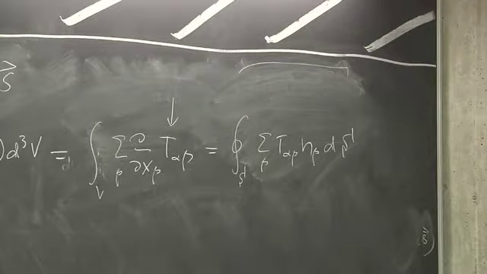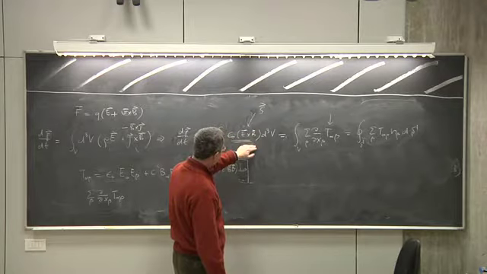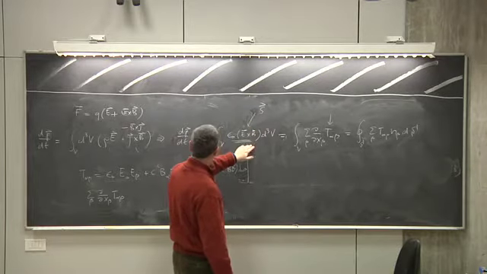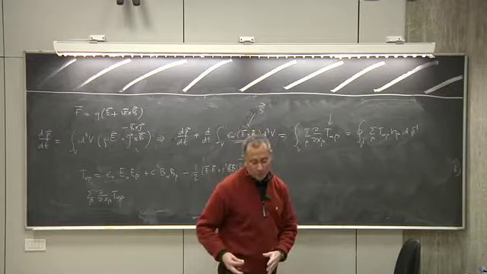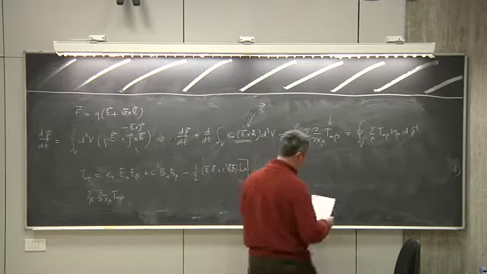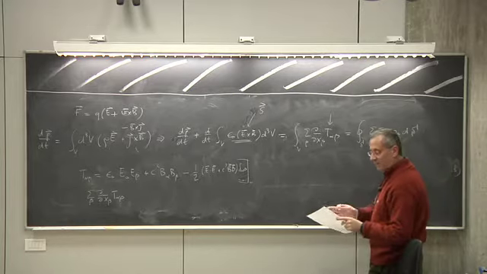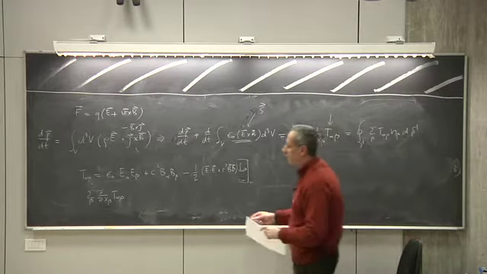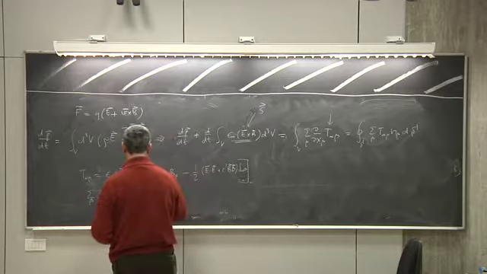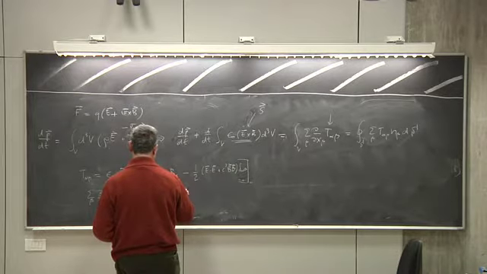So that's nice because you see, you have here the flux of the Poynting vector, and this other term quantifies the flow. You see, this is like a stress tensor. In fact, this is called the Maxwell stress tensor.